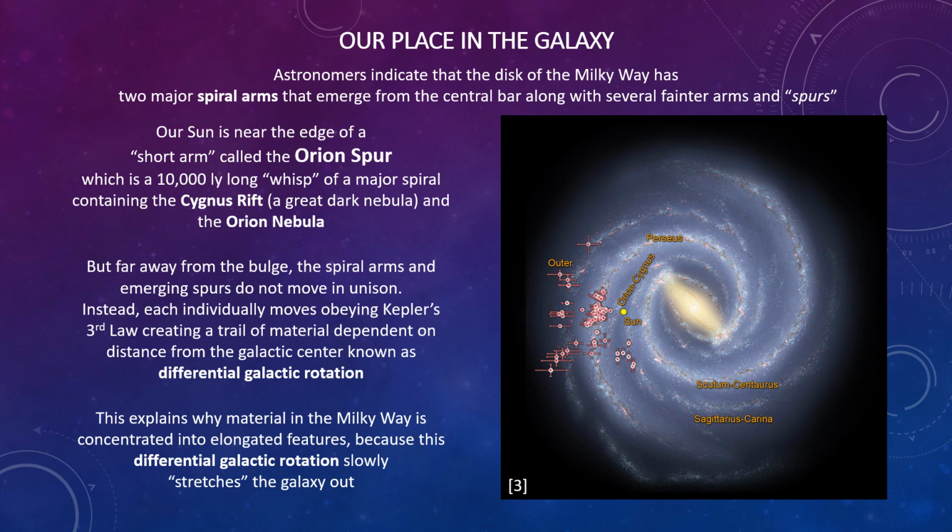This is called differential galactic rotation. And this explains why the Milky Way is concentrated into elongated features, because differential rotation slowly stretches the galaxy out.